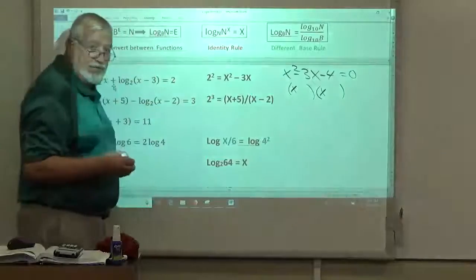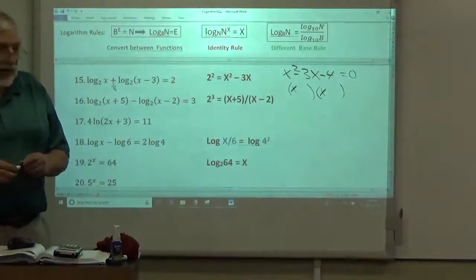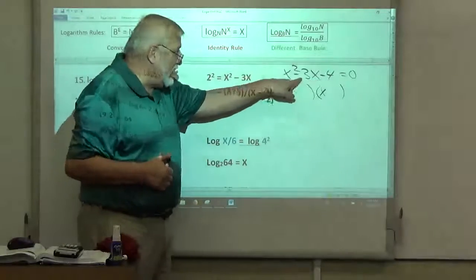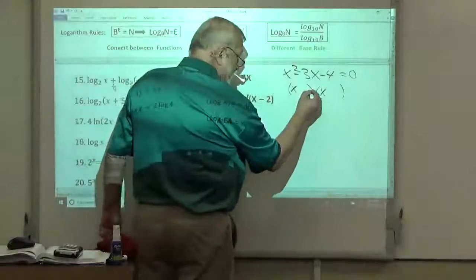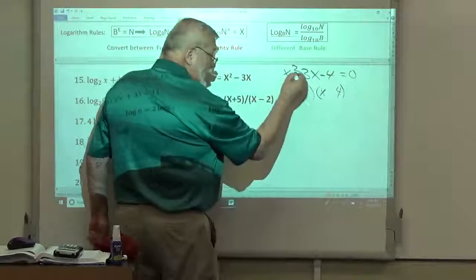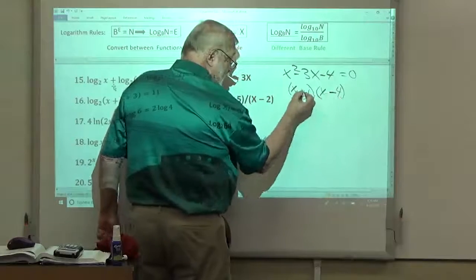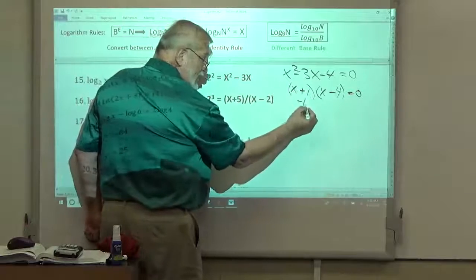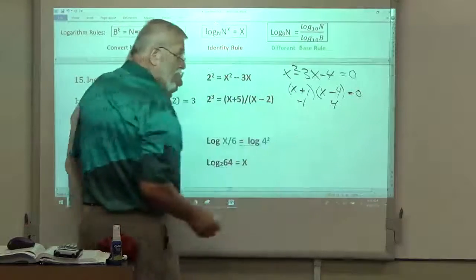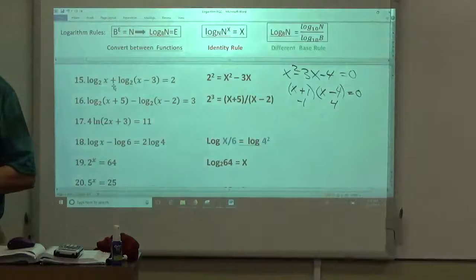All right, factors of 4 that when you subtract them, you end up with negative 3. Has to be 1 and 4. Negative 4 to make the negative 3, and positive 1 equals 0. So now x is negative 1, and x is 4 on that one.